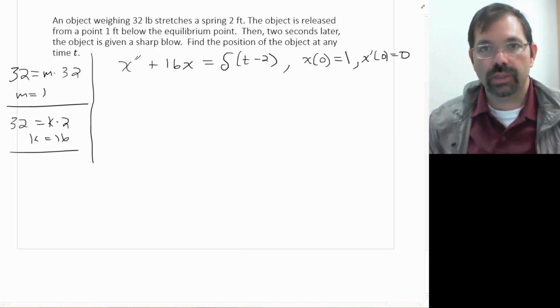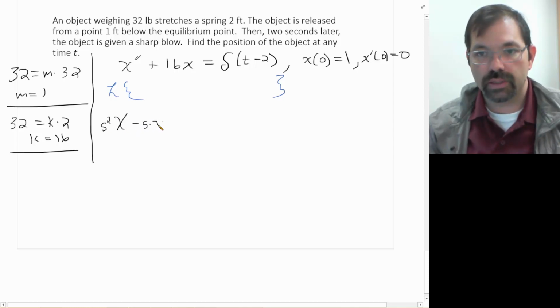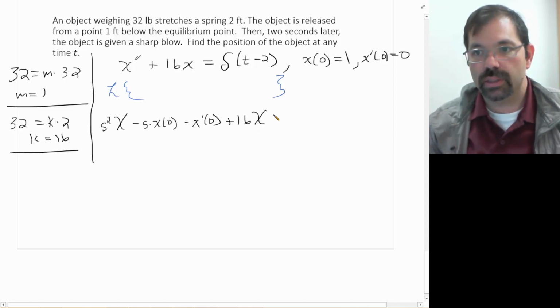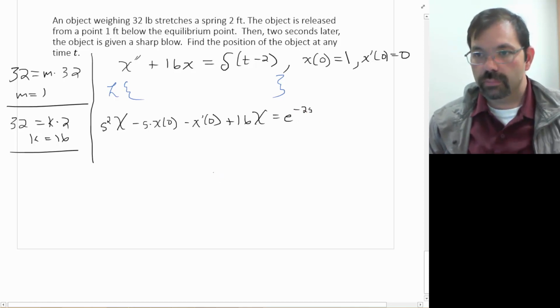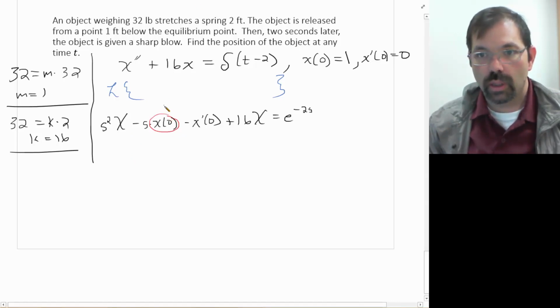All right, we apply the Laplace transform. That would give us s squared capital X minus s times x of 0 minus x prime of 0 plus 16 capital X is equal to e to the negative 2s. X of 0 is 1, so this becomes a 1, and x prime of 0 is 0.